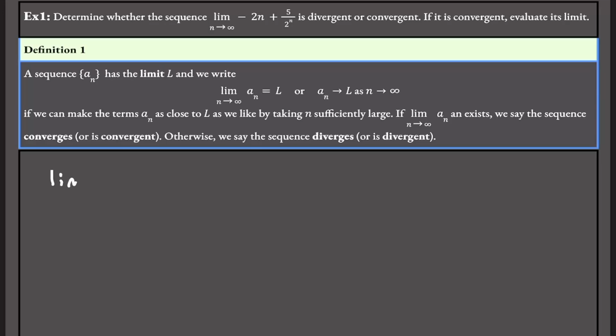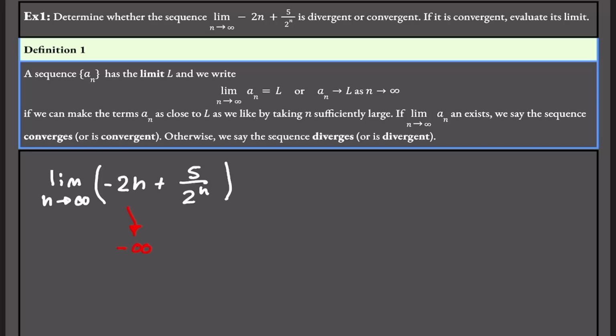We have the limit as n approaches infinity of (-2n + 5) / 2^n. As we evaluate the limit, if I were to plug in infinity here, it would be negative 2 times infinity, and that would tend to negative infinity.